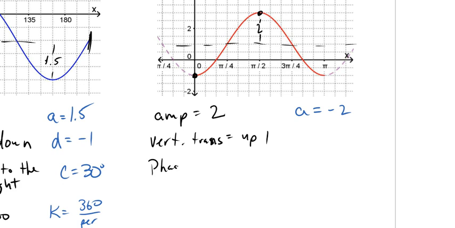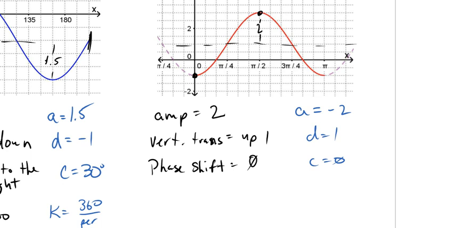Phase shift. None. 0. Right? Cos starts on the y-axis, and this starts on the y-axis. So vertical translation D is 1, C is 0.